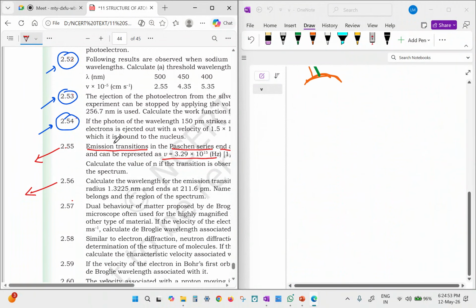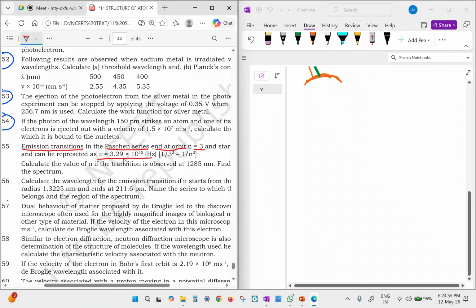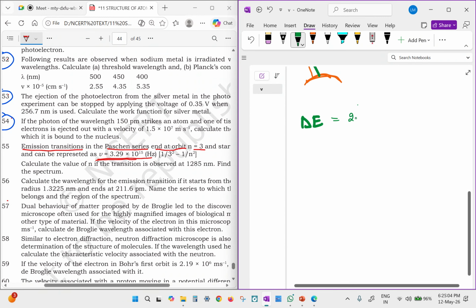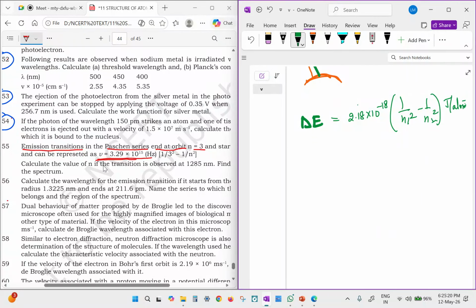The Bohr's model equation says, del E is equal to 2.18 into 10 to the power minus 18, 1 by n1 square minus 1 by n2 square into z square. If it is for hydrogen atom, the z can be removed and we can put it as 1, and joule per atom is the unit. Now this seems to be frequency. That means what? We know del E is equal to h nu.